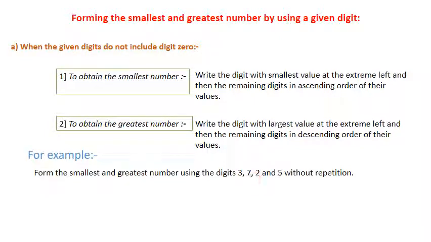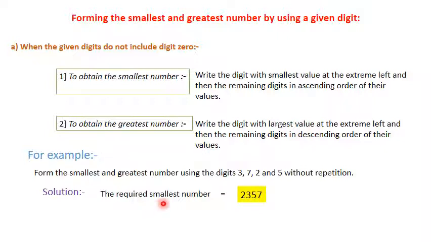So 2 should be at the extreme left and the remaining digits, which are 3, 7 and 5, we have to write down in ascending order. See here, the required smallest number is 2, which is the smallest digit, and the remaining digits we have written in ascending order. So our answer is 2, 3, 5, 7.